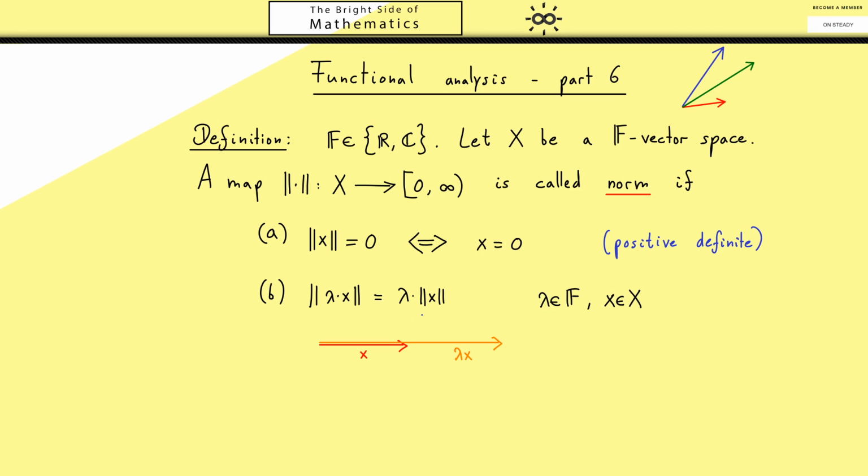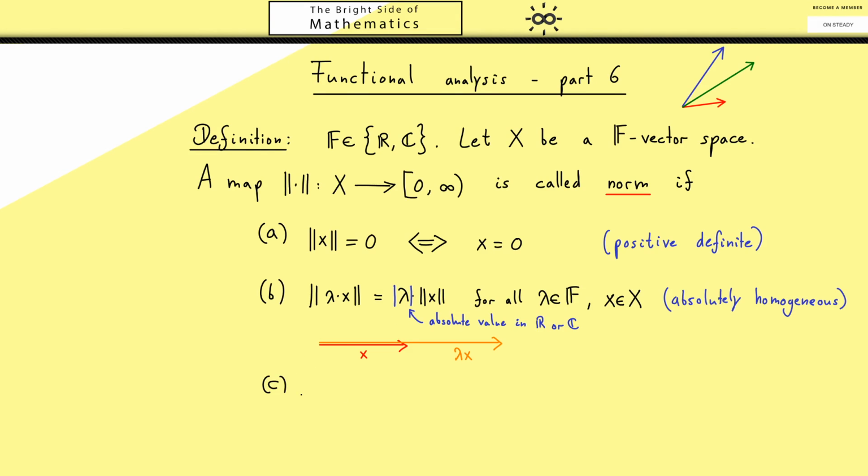However, lambda could be a negative number or even a complex one, such that this only makes sense if we consider the absolute value of lambda. Now depending on what F is, R or C, we have here the absolute value in the real numbers or in the complex numbers. Therefore, this part B now tells you that the norm is always absolutely homogeneous. So you can always pull out scalars, but outside of the norm they always get absolute values.